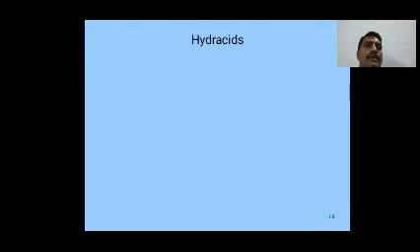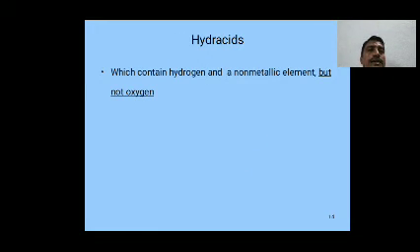Hydracids contain hydrogen and non-metallic elements but not oxygen. For example, HCl, hydrochloric acid, contains hydrogen with the non-metallic element chlorine.